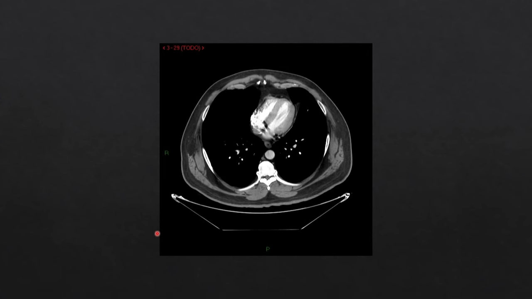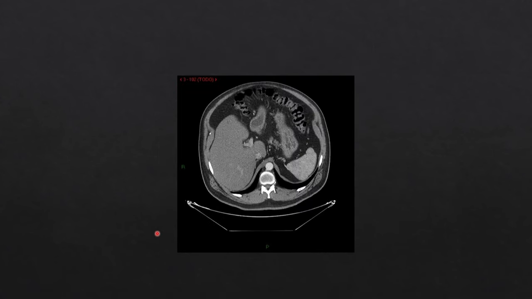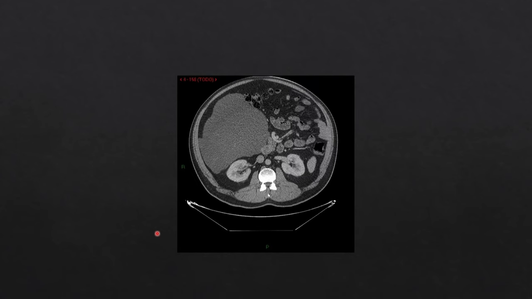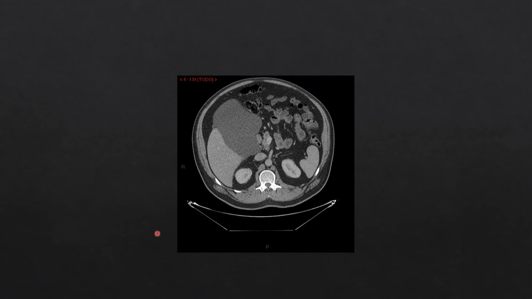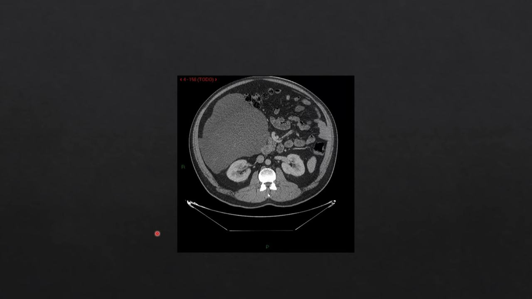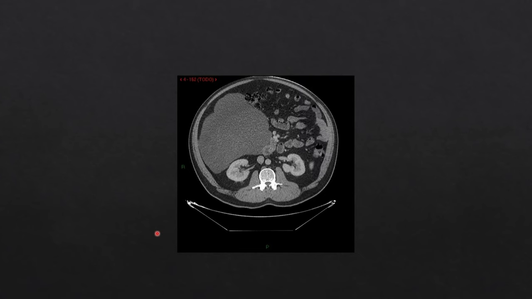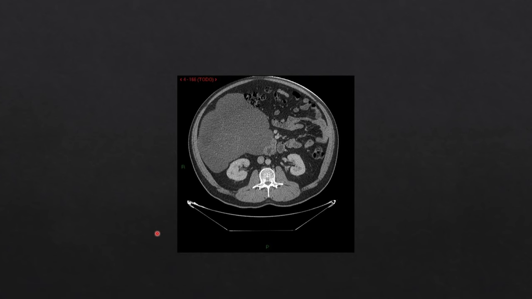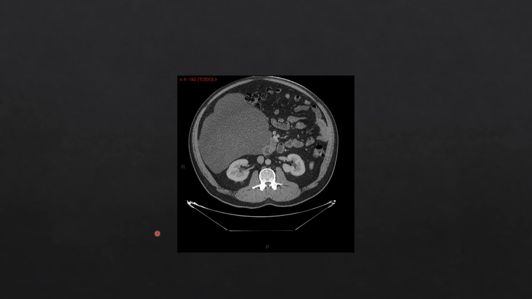So we have here some slides of the study, and we can see findings consistent with what we had already seen in the upper abdomen ultrasound, which is a cystic mass. If we study this more carefully, we can see that it has some very thin internal septa that we could see better in the ultrasound.